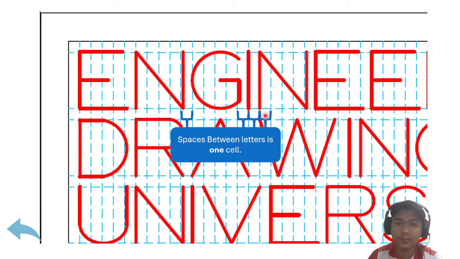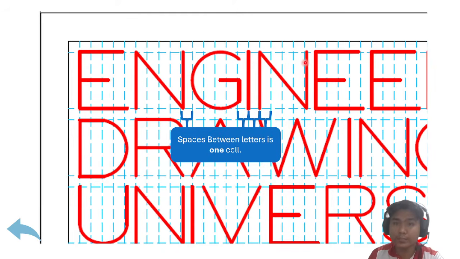As you can see here, these letters are not scaled properly, but the letter N ended with this line, and the letter G ended with this line. So we count one cell, and then start another letter. And then after that, count one cell, and then start the next letter.